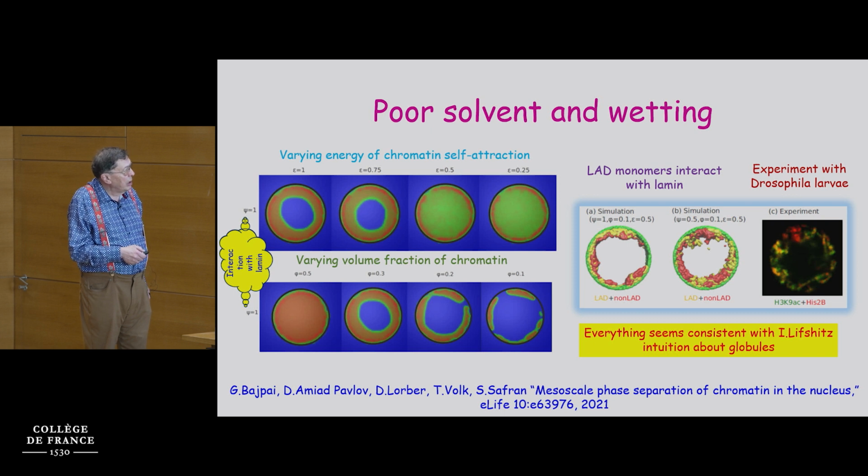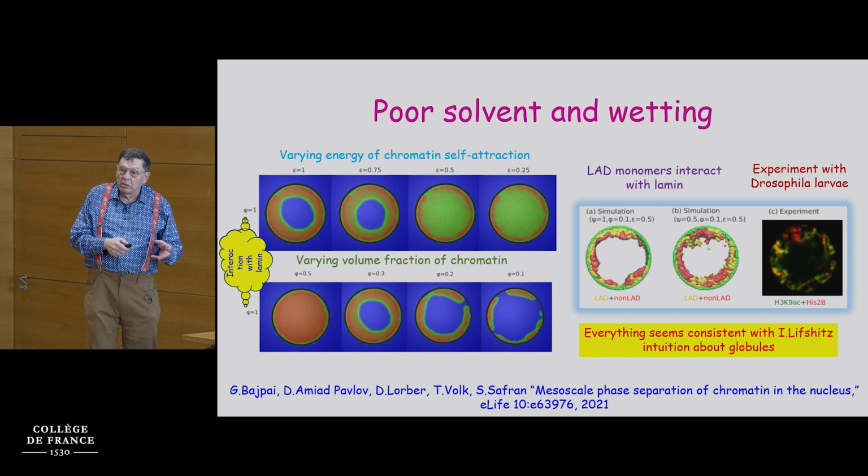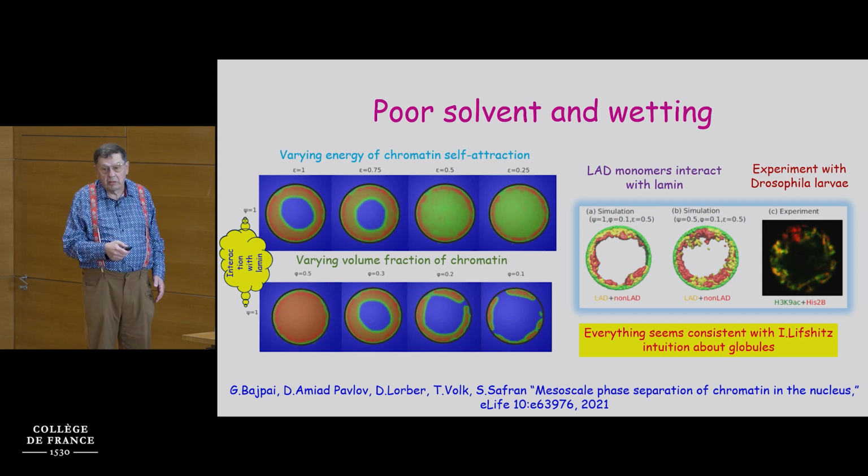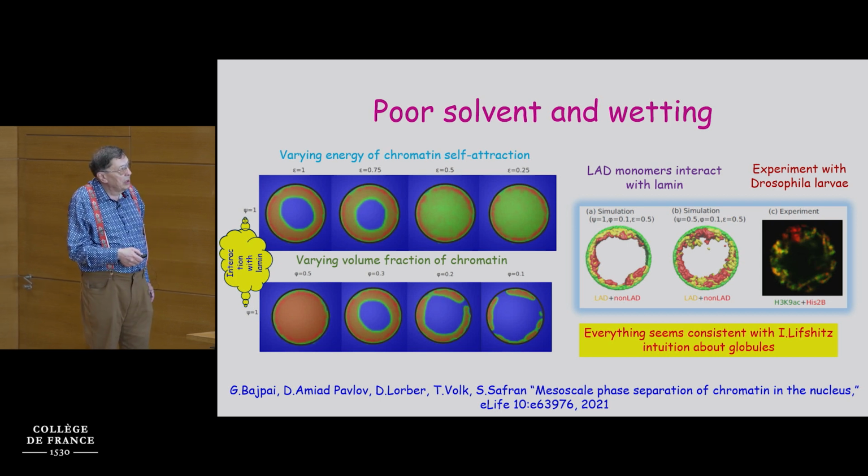And if you change the quantity of chromatin inside, you obtain different distributions. And this is all very easy to realize, given that this quantity here is the strength of attraction. You assume that some of these monomers attract to the surface, so they wet the surface. And this is pretty easy to understand.